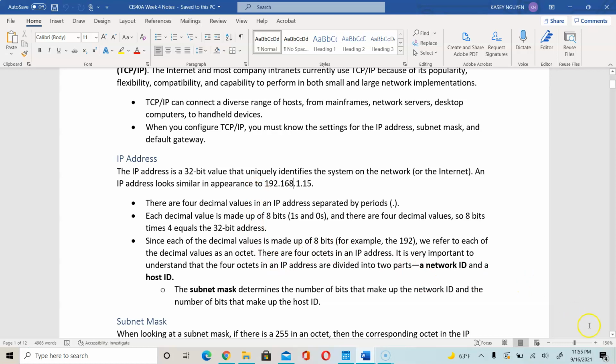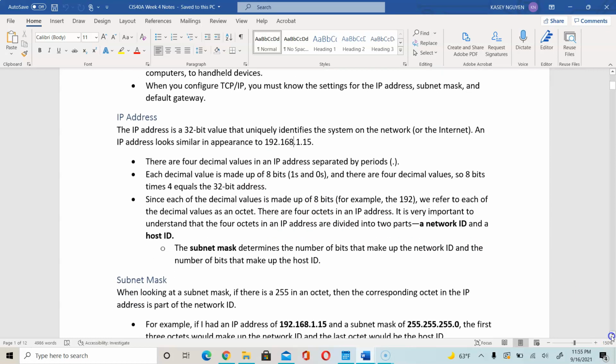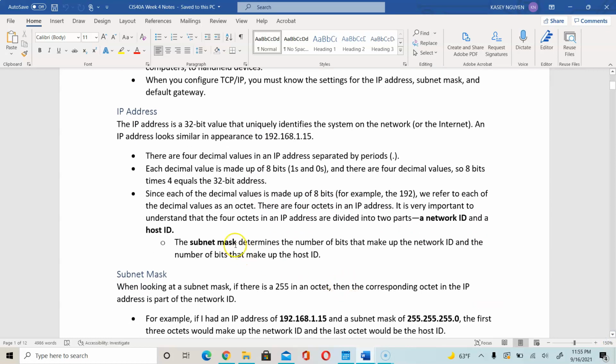Along with the IP address, we also need to implement what's called a subnet mask. The subnet mask is also represented with 4 octets, and usually you would see it start with 255, followed by either 0 or 255.